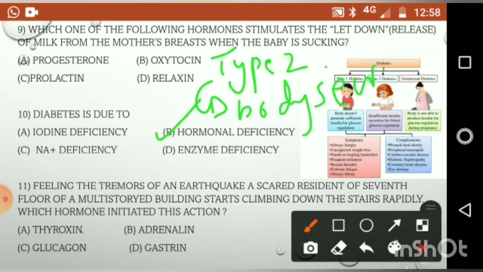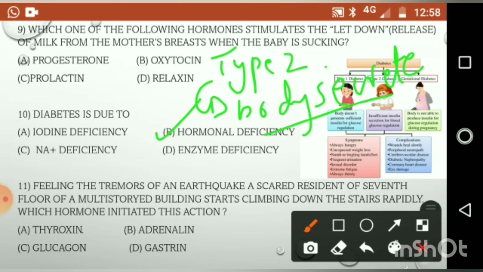The body does its job of secreting insulin, but since the intake of sugar of this person is high, he has a very sugary diet, he eats a lot of sweets, so there is an excess intake of sugar. As a result, the blood glucose level is high in this person.